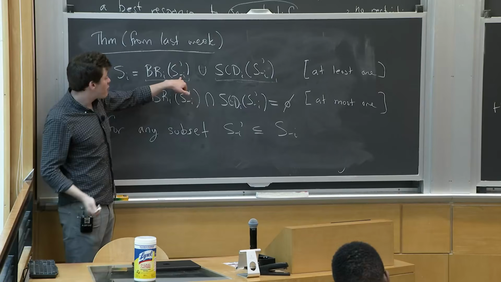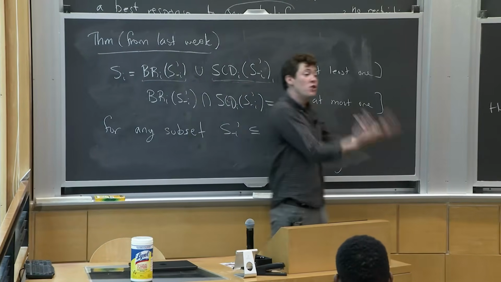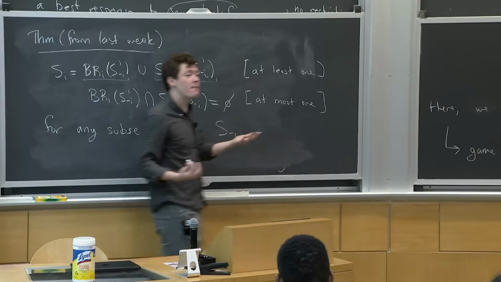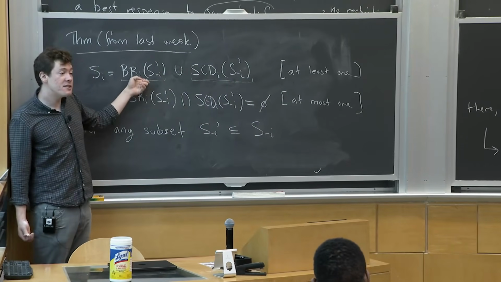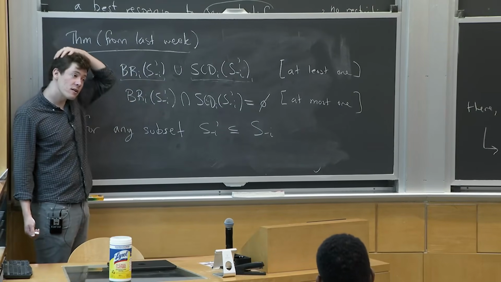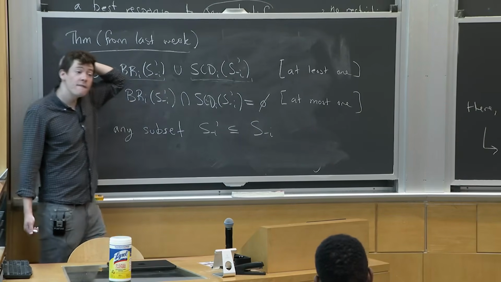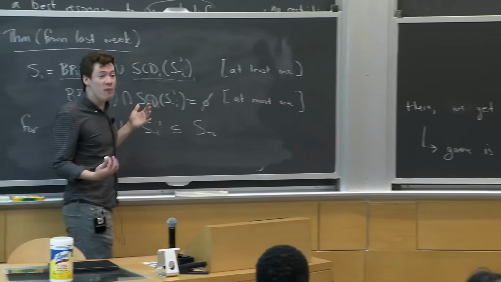If S negative I prime gets smaller, so I'm considering fewer strategies that my opponents might play, what happens to these two sets? So this best response set, does this get smaller or bigger as S negative I prime gets smaller? Yeah, smaller, right? So this gets smaller. Why?